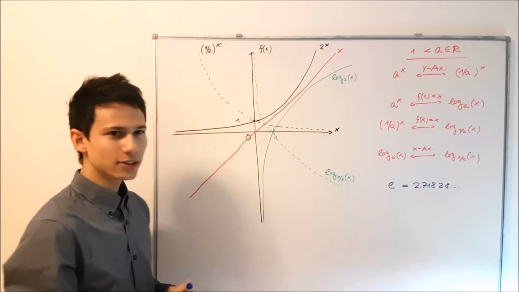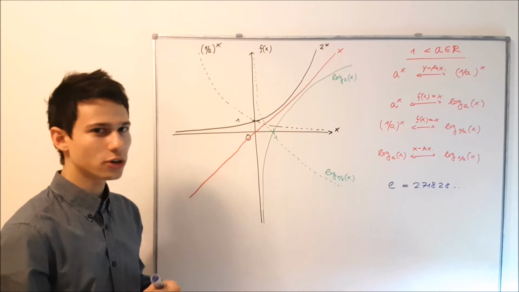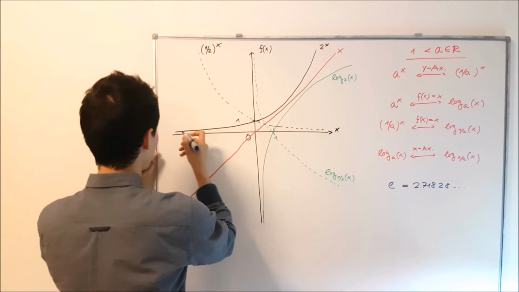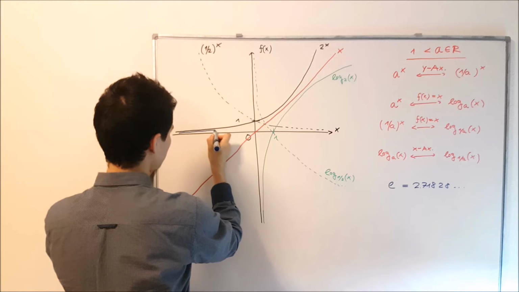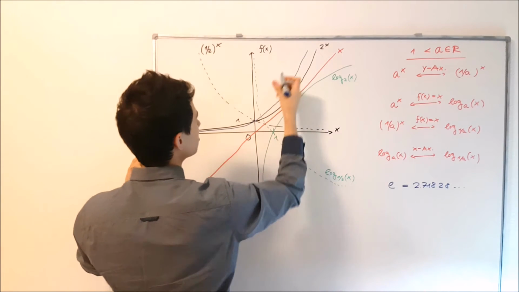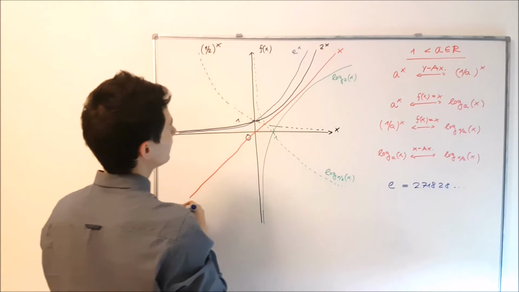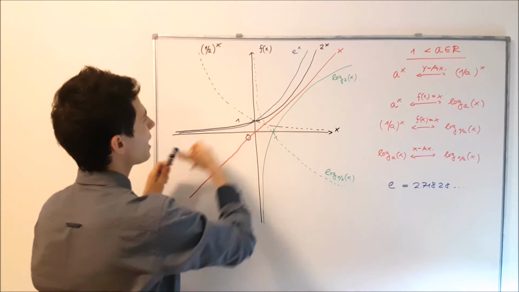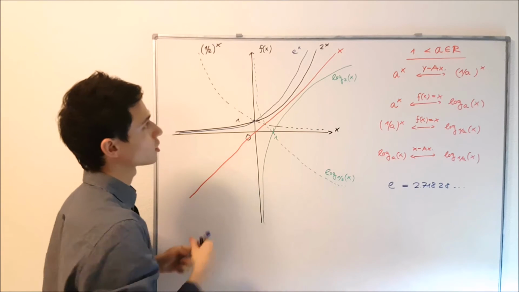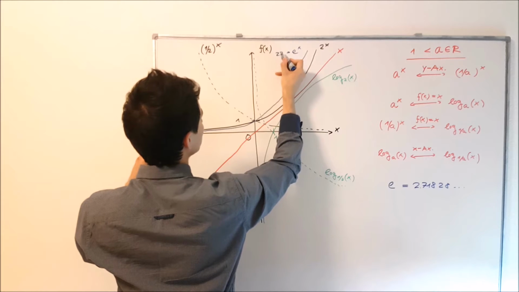So the function e to the power x, and I have a separate video on it up there, would look approximately like this. So this would be approximately e to the power x. And it is steeper since the base is larger than 2. So this is approximately 2.7 to the power x.